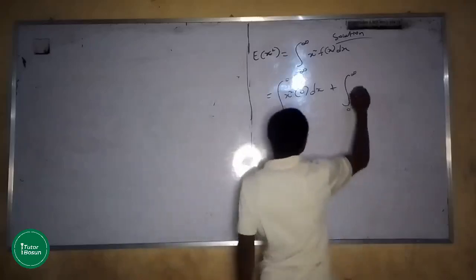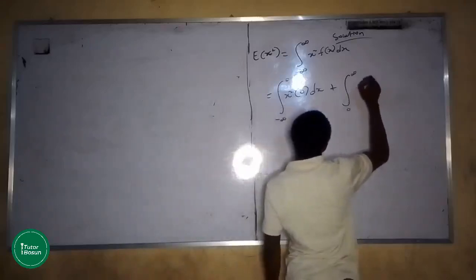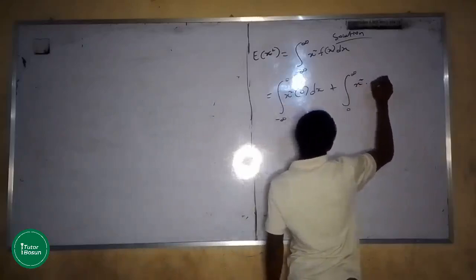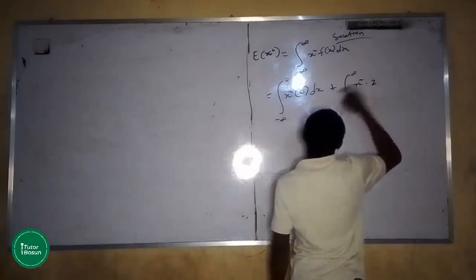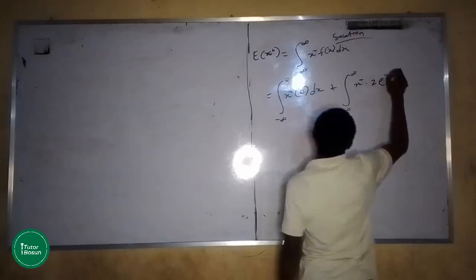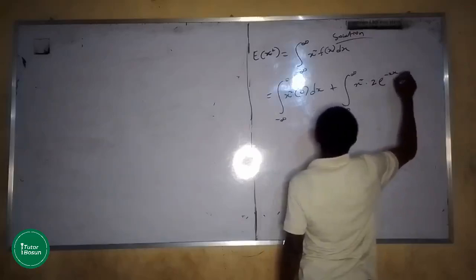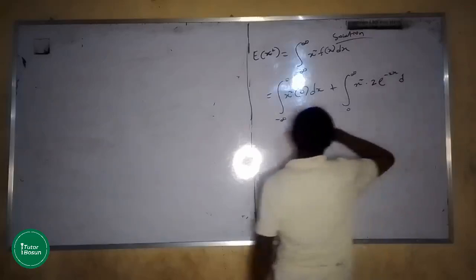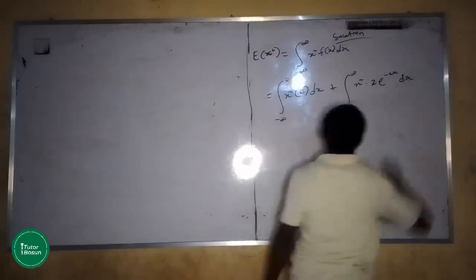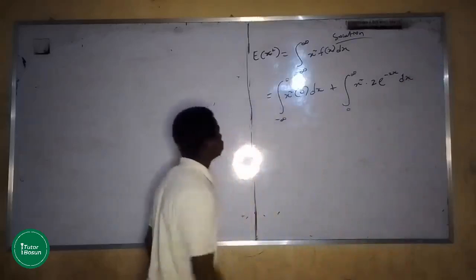Here x squared times f of x in that boundary is 2 exponential minus 2x dx.